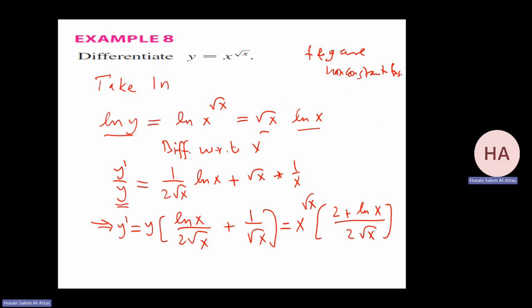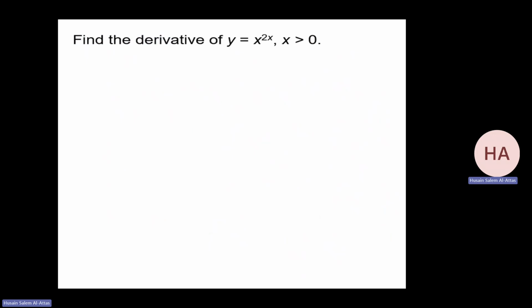Wait a minute, ln x over 2 root x plus 1 over root x. Yes. Another problem: y equals x to the power 2x. Take ln. I have ln y equals ln of x to the power 2x, which is 2x ln x. Now differentiate with respect to x.